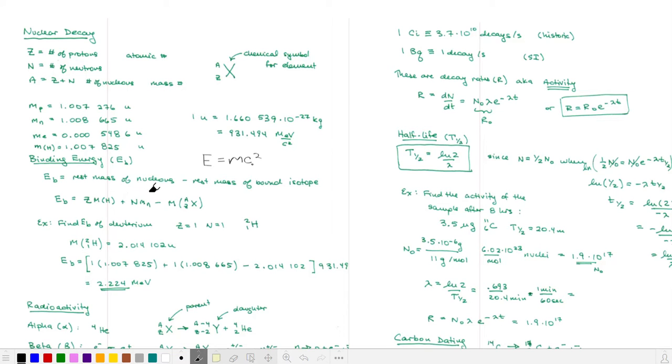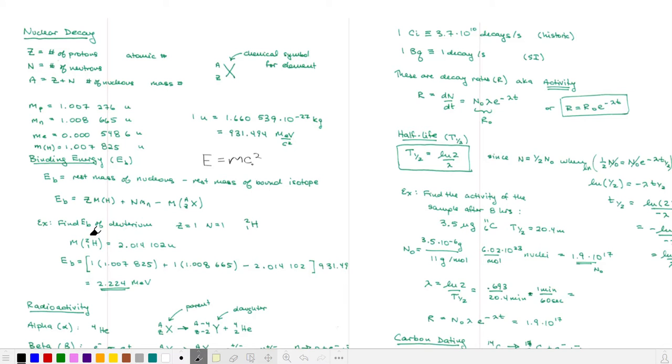So this is an exception to the rule where the whole is greater than the sum of its parts. It's actually less than the sum of its parts. And the difference is the binding energy that is released when you break apart that nucleus.